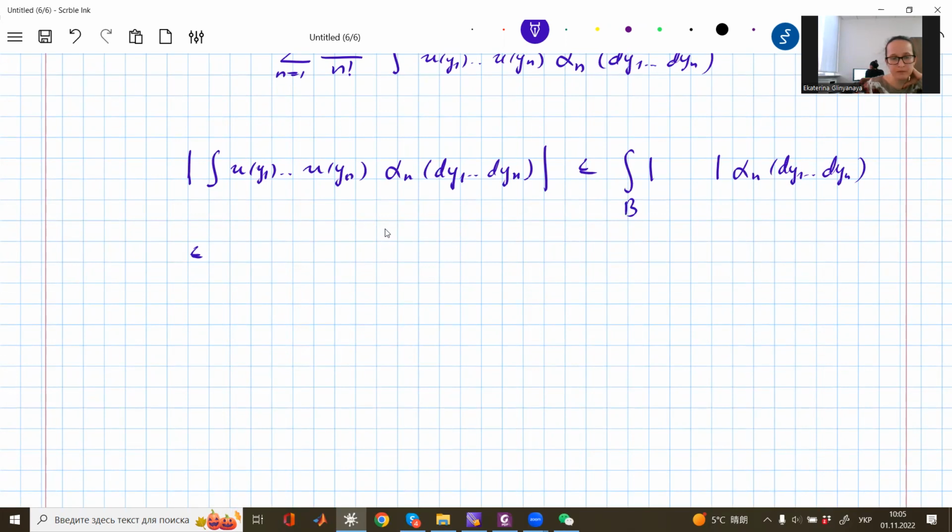Here the upper bound for u is 1 over c to the power n, because I have n, and here alpha n of b to the n. And by our assumption, this is less than 1 over c to the power n and factorial c to the power n.